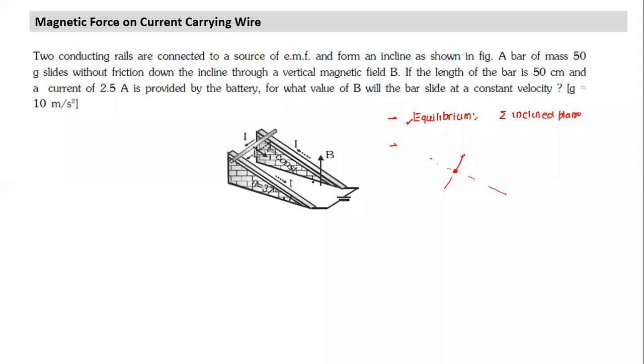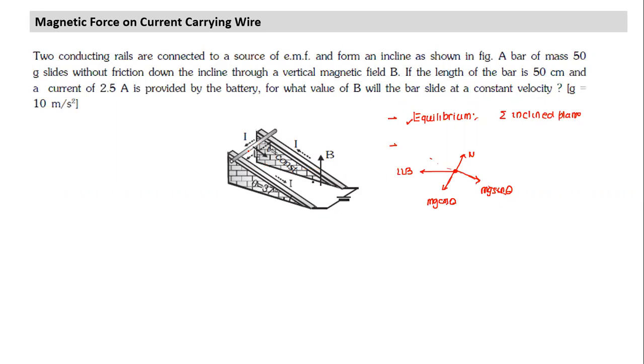Normal reaction, which is immaterial here, anyway they'll always cancel out. mg cos theta, and this will be mg sin theta. Which direction does the magnetic force have to act? See, if B is vertical, the magnetic force will act like this. This will be the value of ILB.